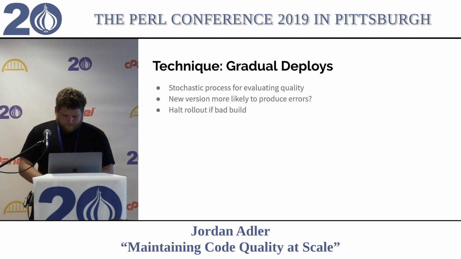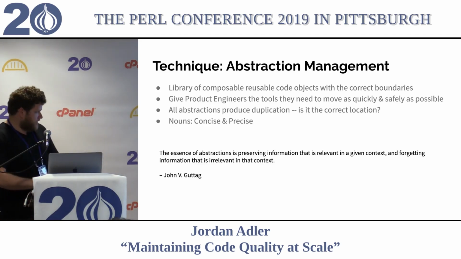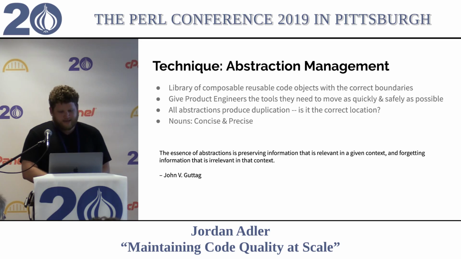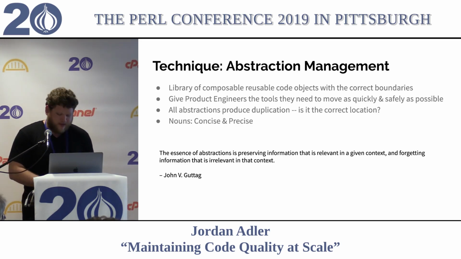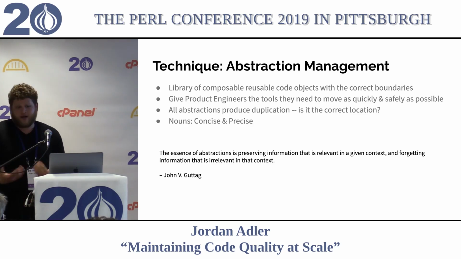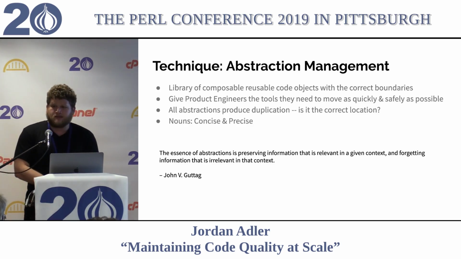Cool. Abstraction management. This one is really key, and it's the most difficult thing to measure the impact of and frankly justify investment in, but it is often, in my experience, some of the most impactful things that you can do towards maintainability.